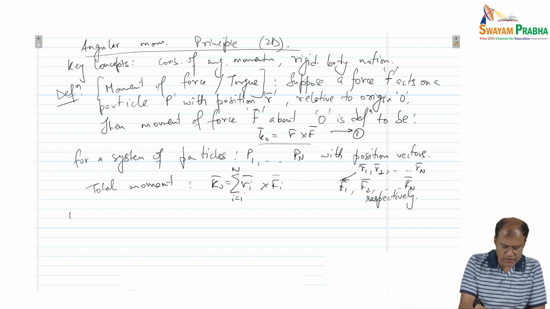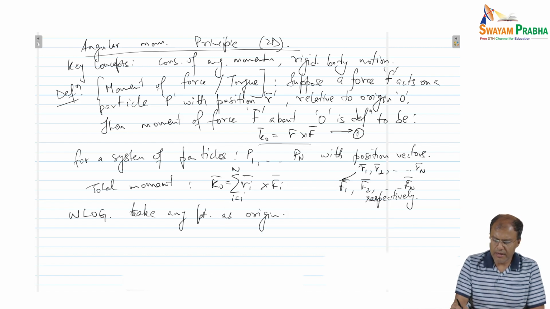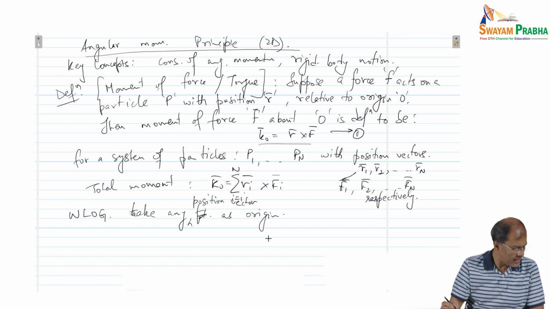So without loss of generality, we can take any point, any position vector of the particle, as origin, and then the moment, let's say about A.